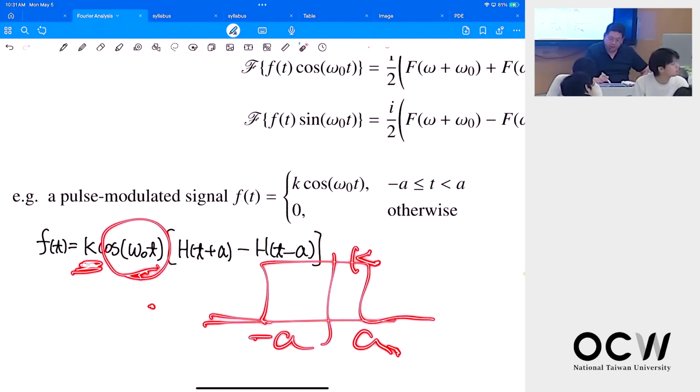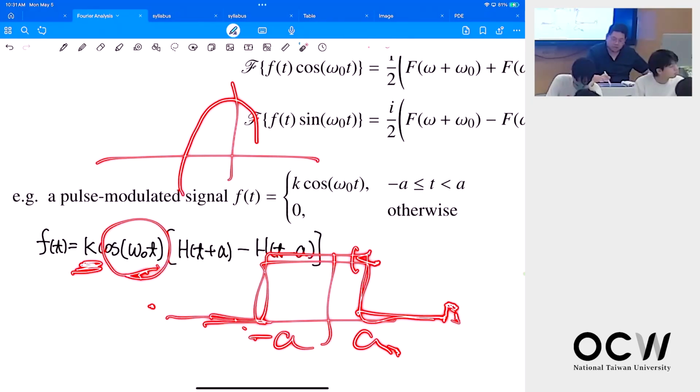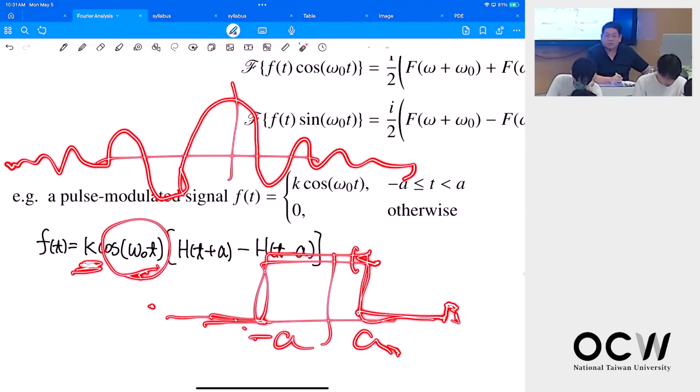We just learned what the Fourier transform of a pulse is. The Fourier transform of a pulse is the sinc function, right? And of course, if you take the Fourier transform of a sinc function, you will get a pulse.